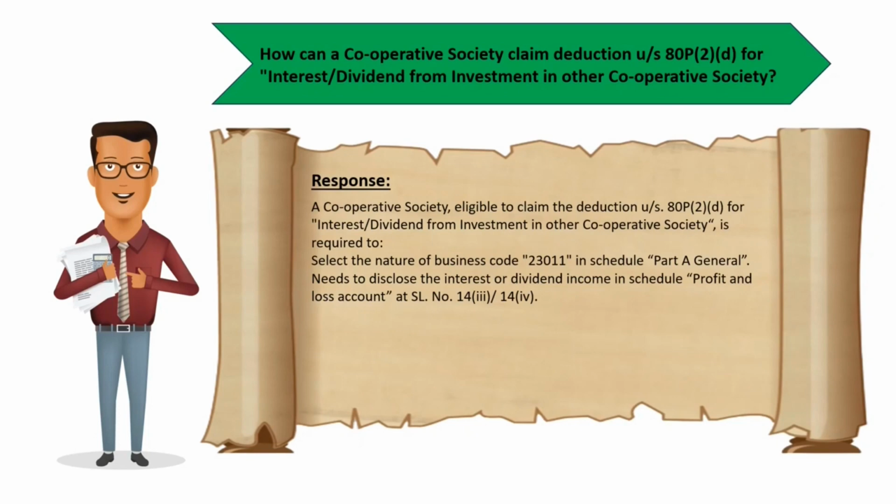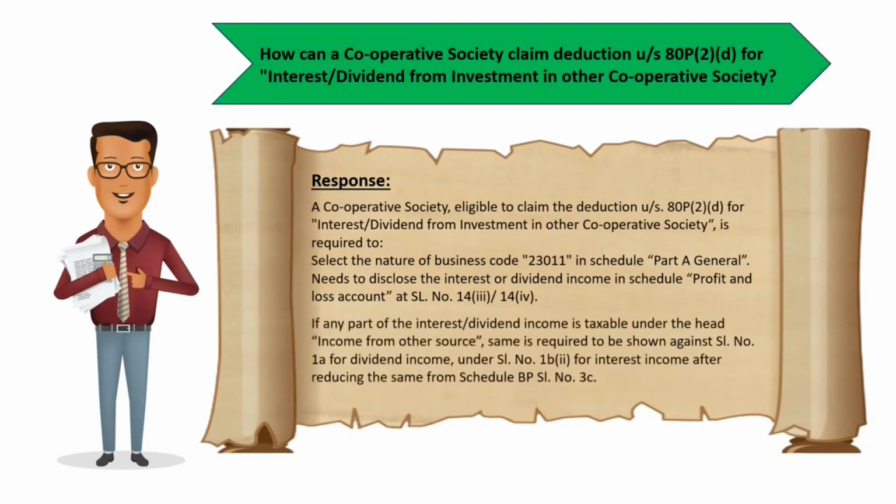It also needs to disclose the interest or dividend income in Schedule Profit and Loss account at serial number 14 clause 3 or 14.4. Also, if any part of the interest or dividend income is taxable under the head income from other sources, the same is required to be shown against serial number 1A for dividend income and serial number 1B2 for interest income after reducing the same from Schedule BP, serial number 3C.